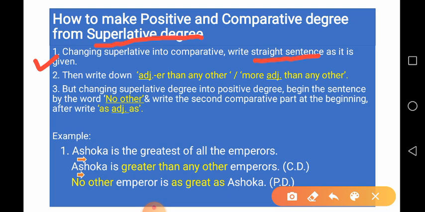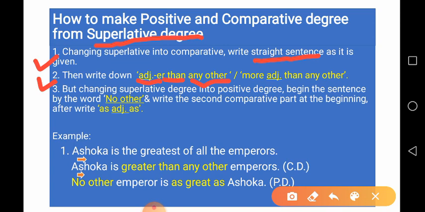You can write a sentence as it is, but you need to do one change, that is adjective is added with er. You can see here rule number 2, where it is written adjective is added with er and then any other. Means while making comparative, we add a word any other.